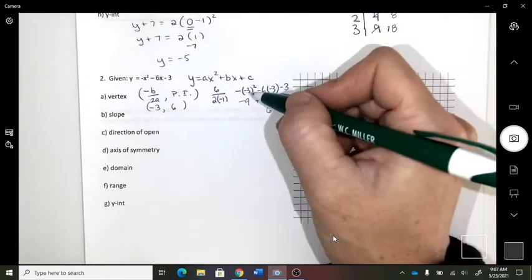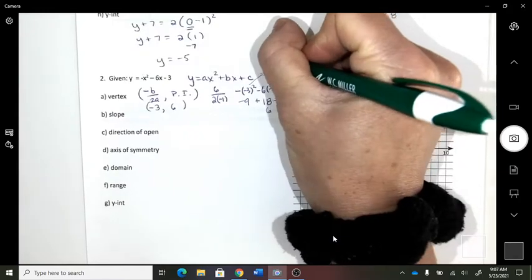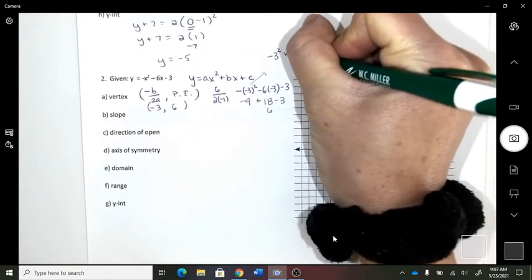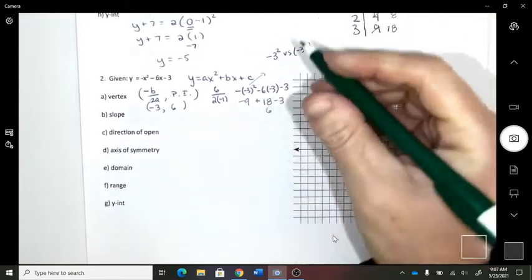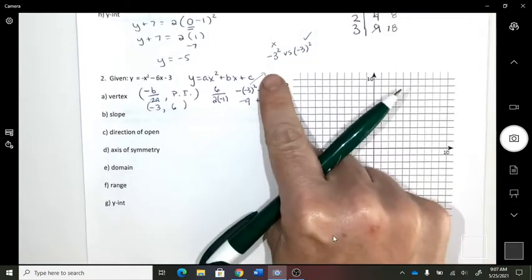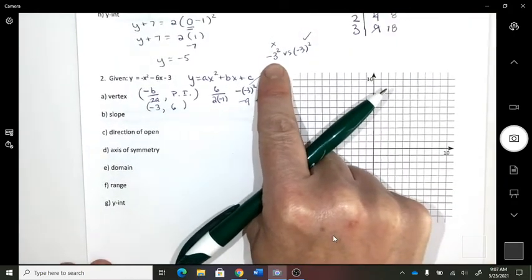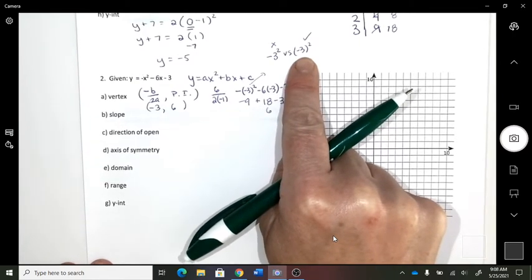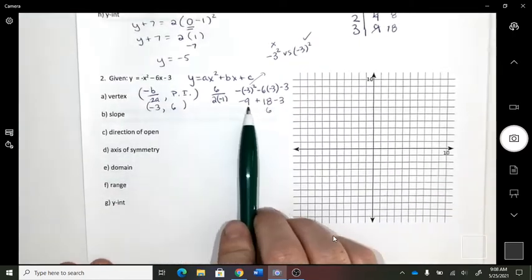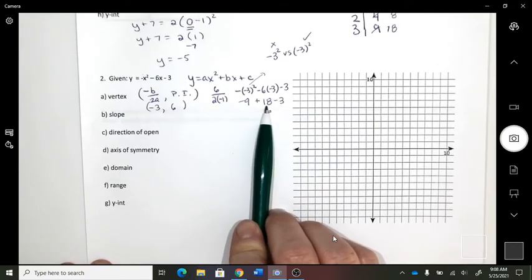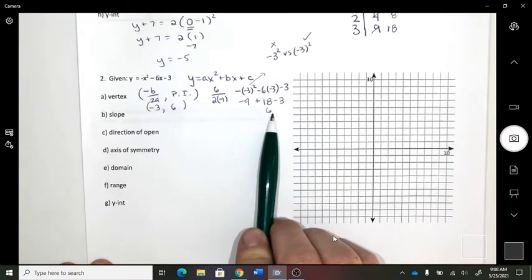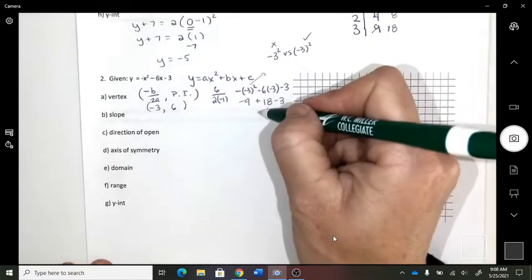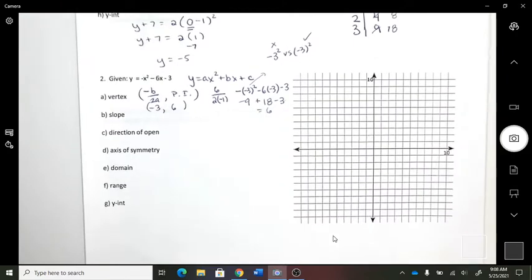I see a lot of mistakes here. That doesn't work very well. This is what you would want. Negative 3 squared, negative 9 plus 18 is positive 9. Positive 9 subtract 3. Oh no, the whole thing. These 3 things added together make 6. Do you see it though? That's good? Okay.